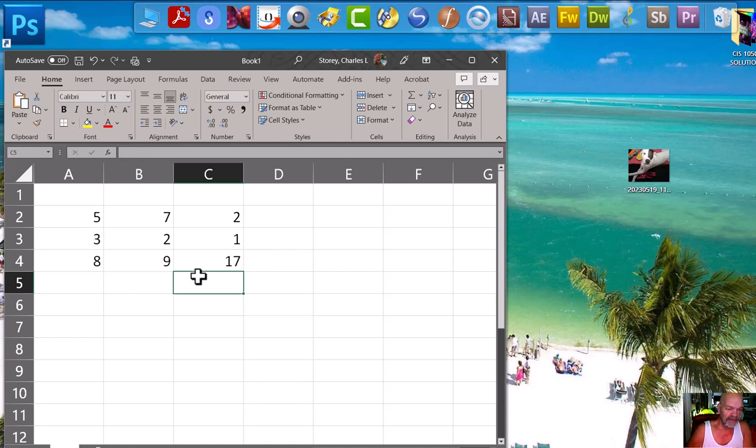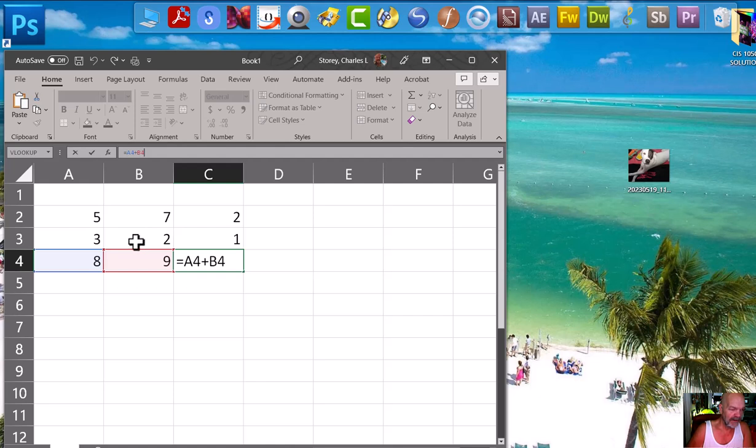The one thing you have to watch out for is you cannot put a calculation in the cell. Like I cannot include that cell. Say I want to include C. I cannot include C4 in a calculation.